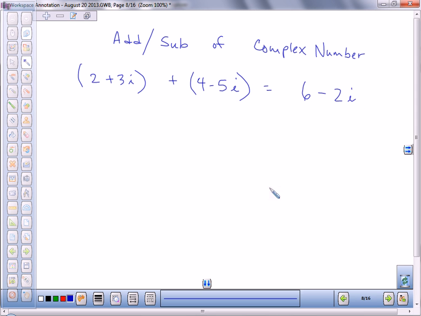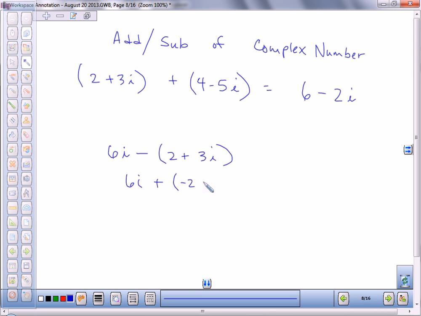That's it. And then if we were to subtract, let's pick a different number, 6i minus 2 plus 3i. So subtraction, what would we do with the negative? Distribute it through. So we would think of this as 6i plus negative 2 minus 3i. So we're going to think of it as distributing the negative through and then combining like terms.